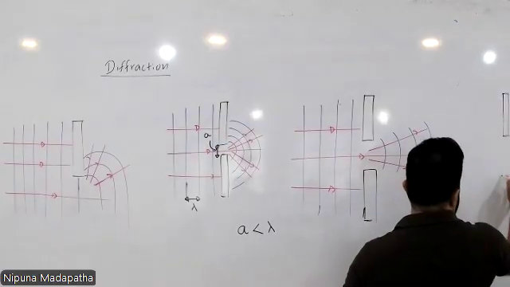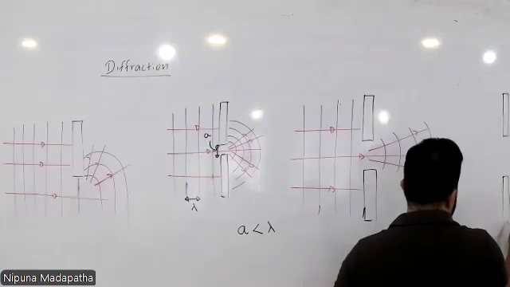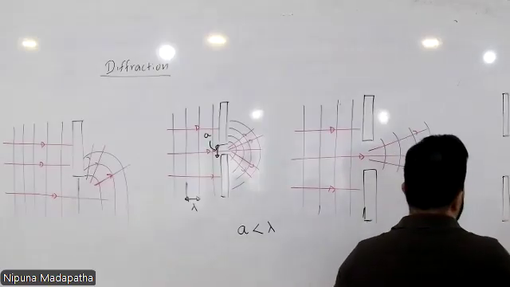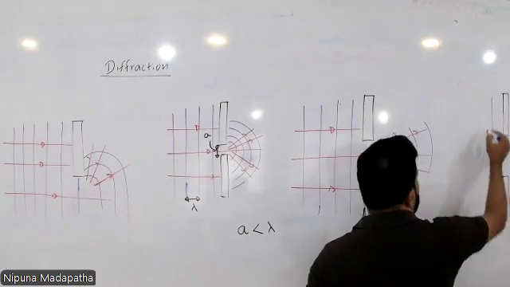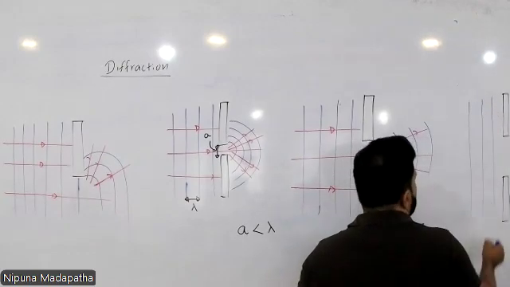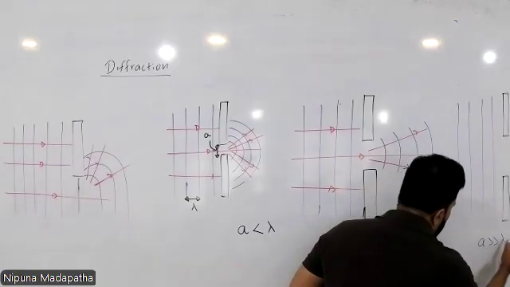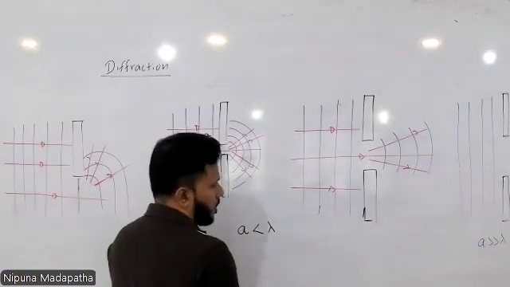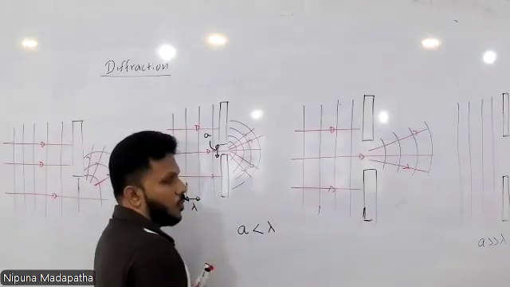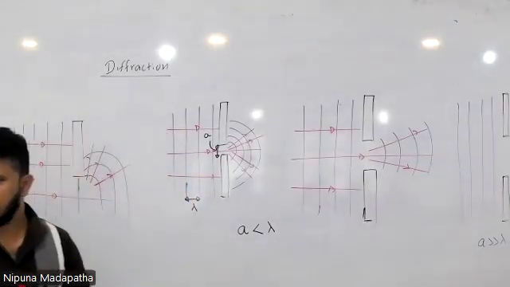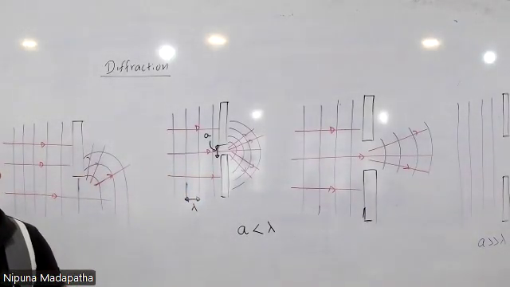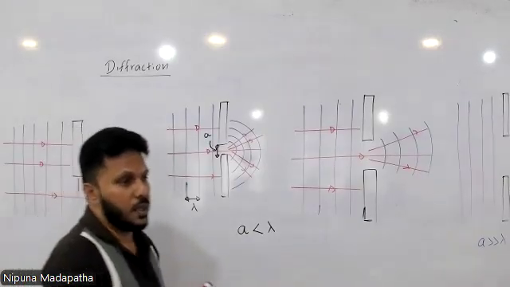The hole is very large. What happens to diffraction? A is very, very large compared to lambda, so there is minimum diffraction.